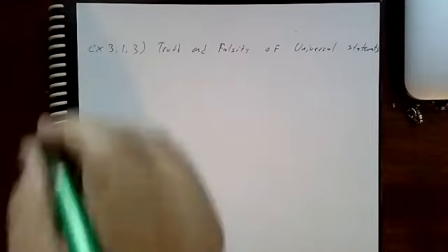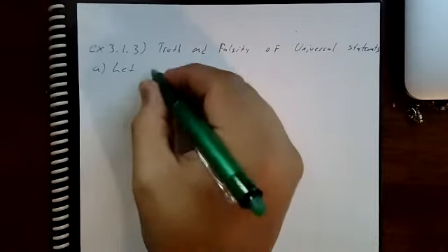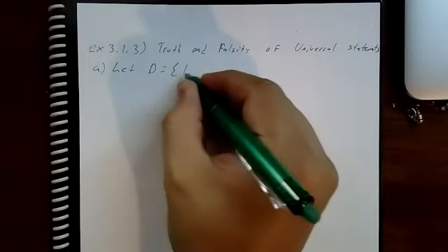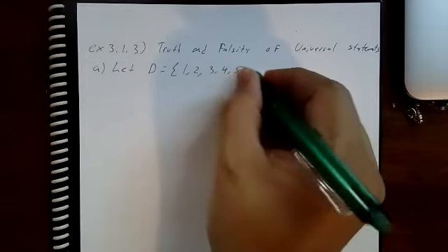Okay, so part A. Let the domain D equal the set 1, 2, 3, 4, 5.